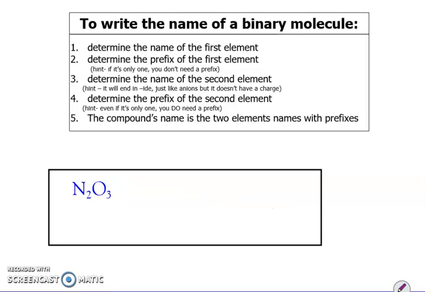Now when we get to this one, the first element is nitrogen, but there are 2 of them. If there are 2 of them, that means the prefix is going to be di. So this one is going to be the prefix di and then the element's name: dinitrogen.